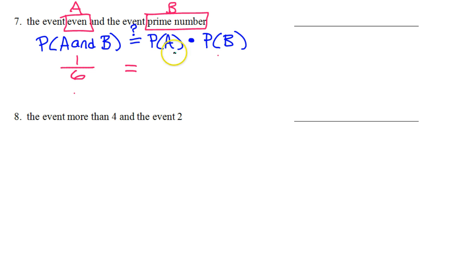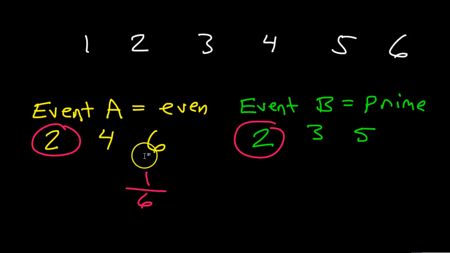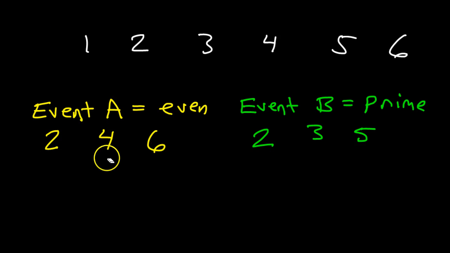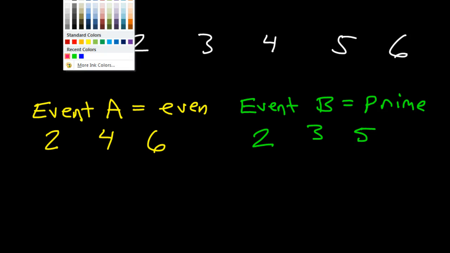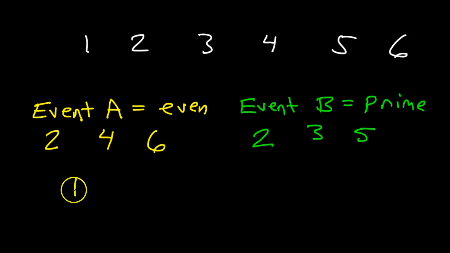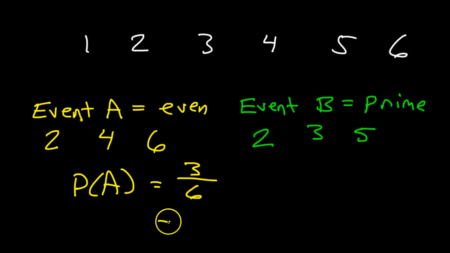Okay, now let's check the individual probabilities. What's the probability of A? Okay, so now for the probability of A, we're just looking at these yellows. There's 3 of them. Alright, so the probability of A is 3 chances out of 6, which is 1/2.